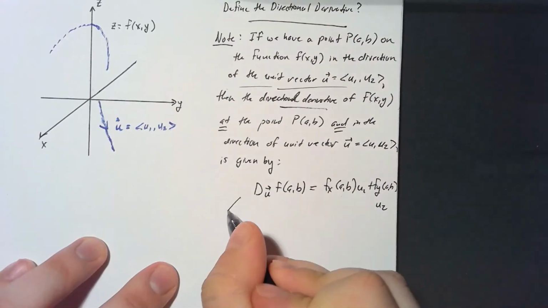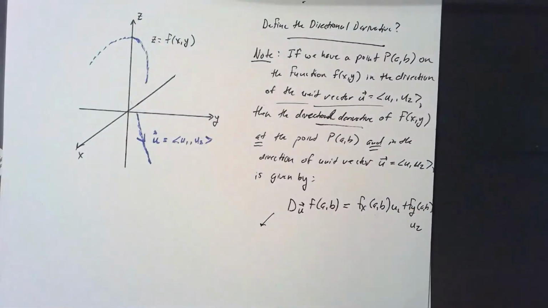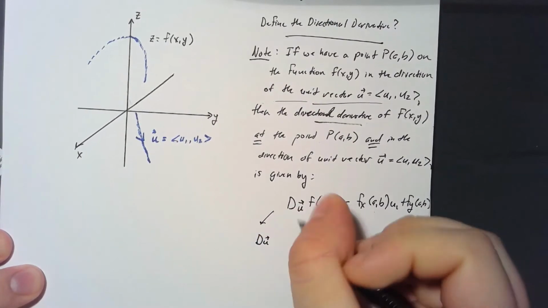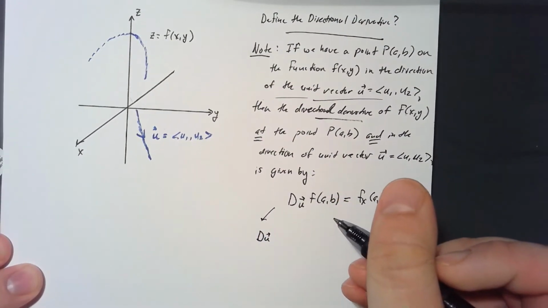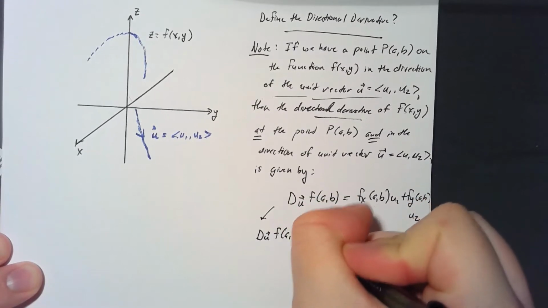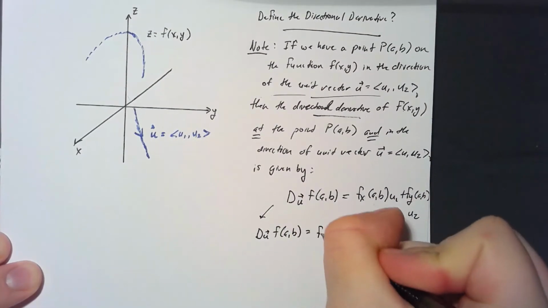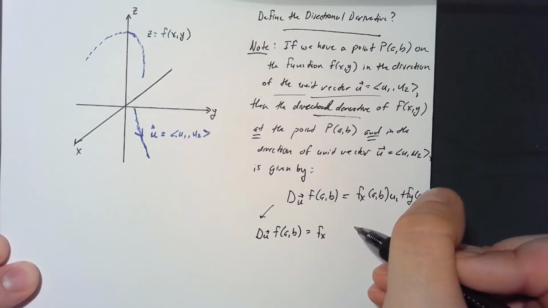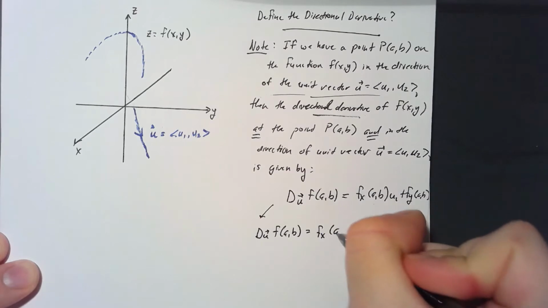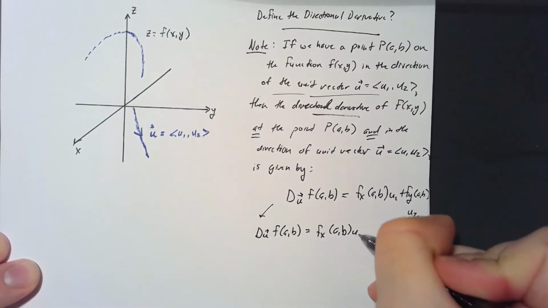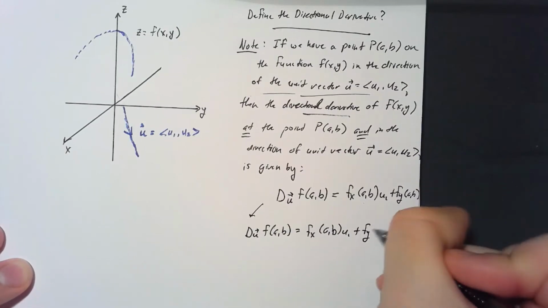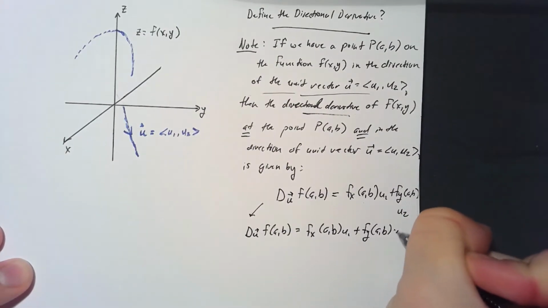So let me write this down here. One of the drawbacks of not using a whiteboard is I can't erase it. So that's D sub u of f at ab equals the partial of f with respect to x at ab times u sub 1 plus the partial of f with respect to y at ab times u sub 2.